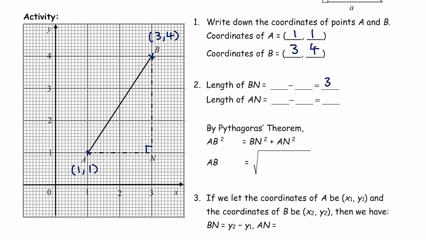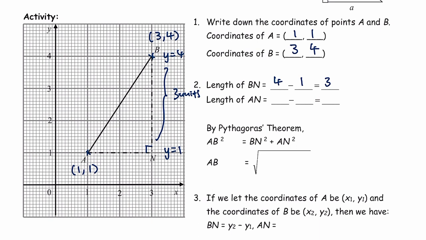And how does that come about? Let's look at point B, we are at the level of y equals 4 over here, and then along AN, this is y equals 1. So this essentially is 3 units. This is basically just taking 4 minus 1.